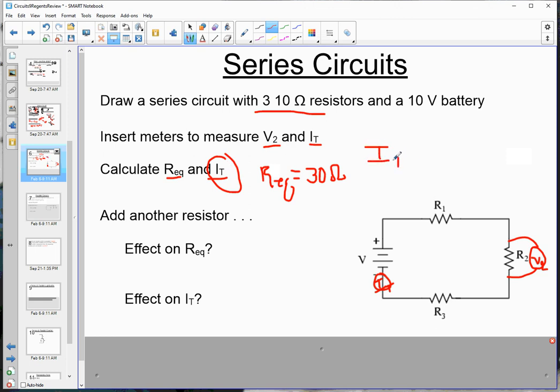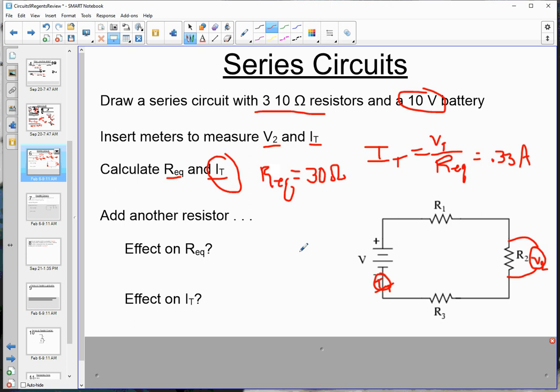We use I total equals V total over REQ, the equivalent or total resistance. And V total is 10 volts, and REQ is 30 ohms. That would give us 10 over 30, which is 1 over 3, which would be 0.33 repeating. So 0.33 amps of current, a third of an amp.